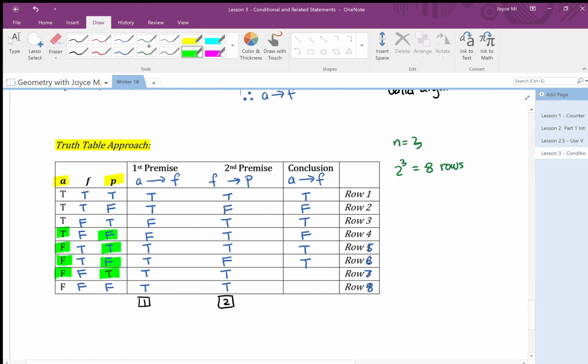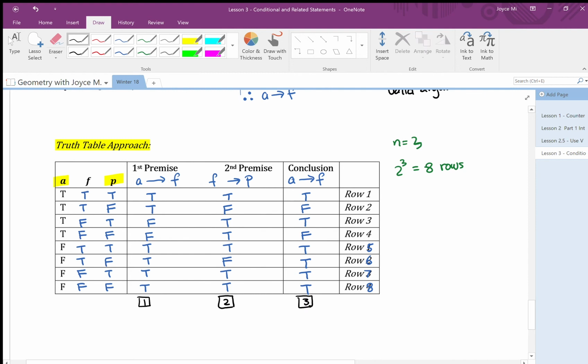False, false is also true. Now I'm going to erase these highlights, I don't need them anymore, and make it a little easier to read. Okay, and make this my column 3.